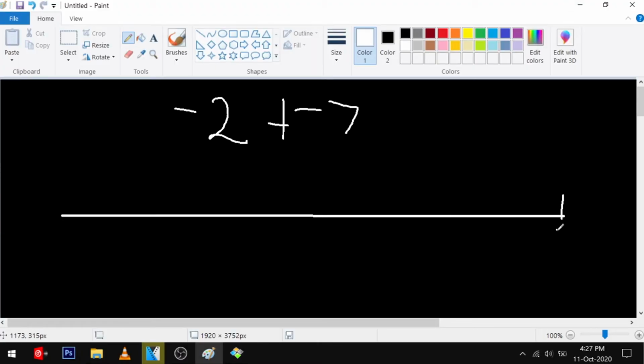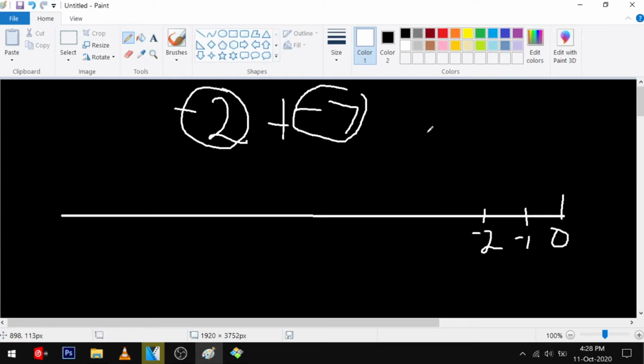So if we are here at 0, we're going to put this on a number line. Negative 1 and then negative 2. Because I am adding negative 7, will I move in that direction? No. That direction over there is positive. So I'm going to move into the negative side.